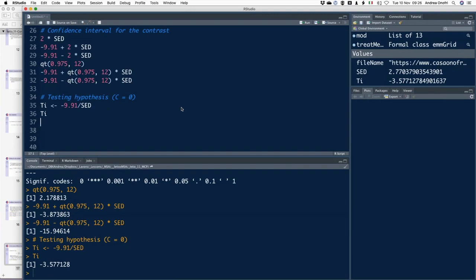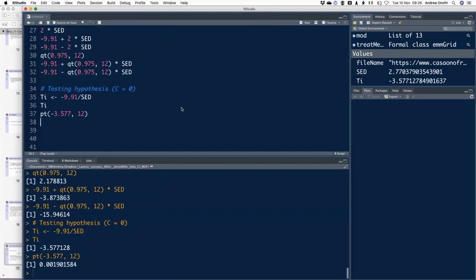So we take the student t to calculate the probability of obtaining minus 3.58 with 12 degrees of freedom. And this is very low. It is almost 2 probabilities in 1,000.